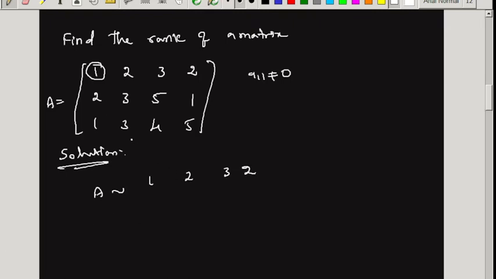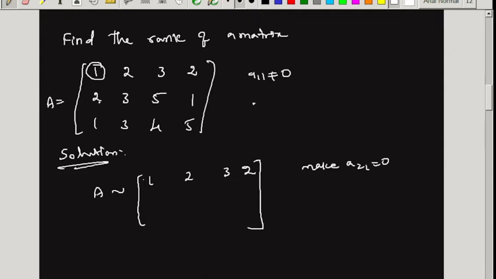Now with the help of this A11, we try to make A21 as 0. So here we can multiply with any number, then subtract, any combination we can do.